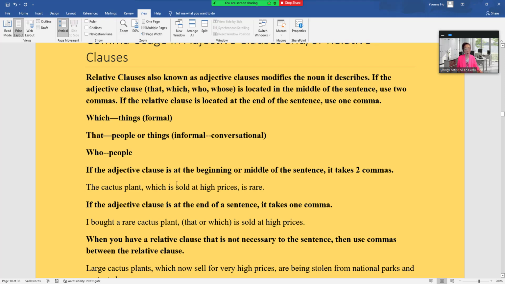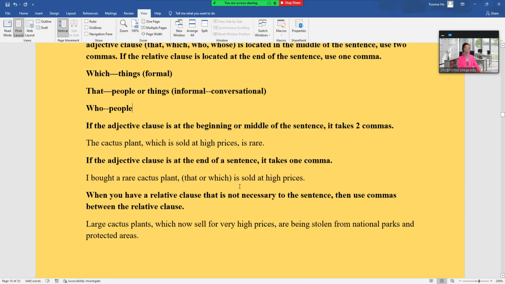If the adjective clause is at the beginning or middle of the sentence, it takes 2 commas. So "The cactus plant, comma, which is sold at high prices, comma, is rare." Here you have to have a comma before the relative clause, and you have to have a comma after the relative clause.